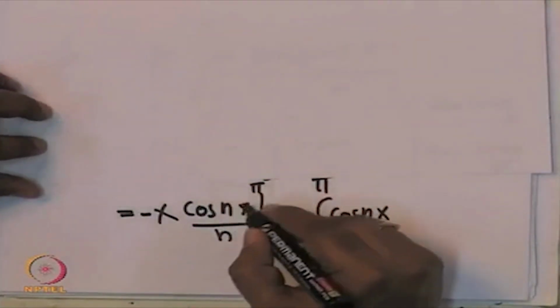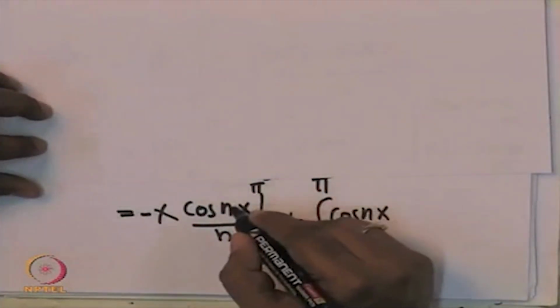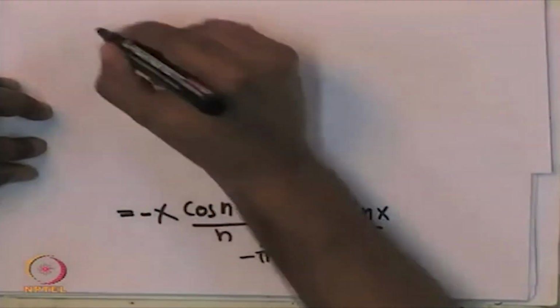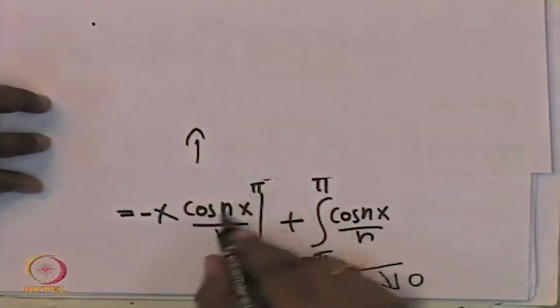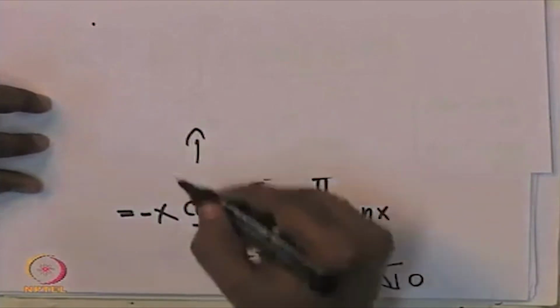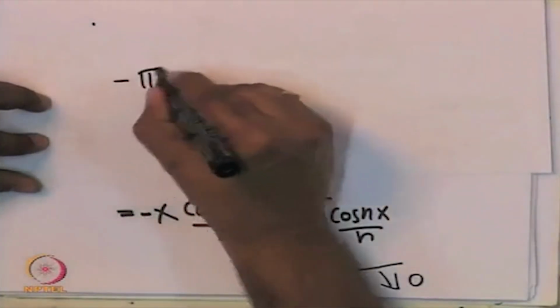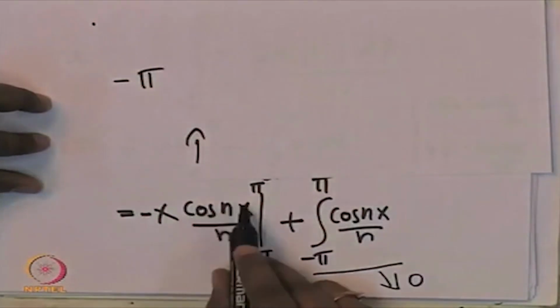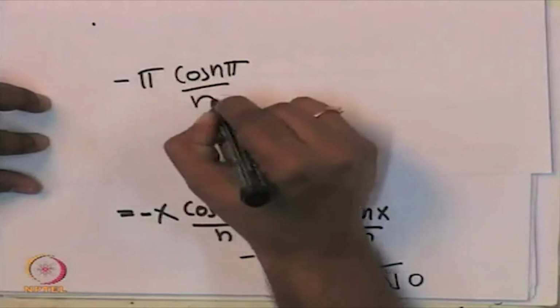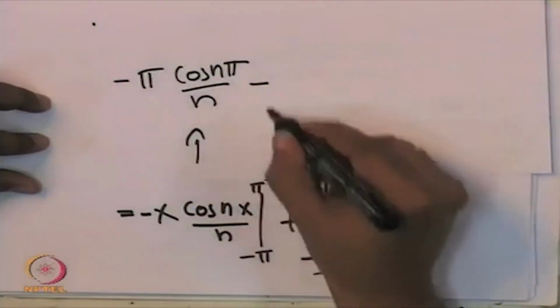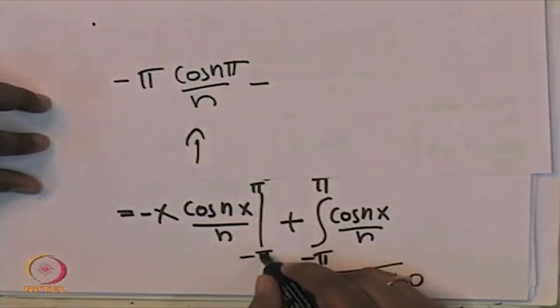If you apply the upper limit, the first limit is pi, so instead of x you substitute pi. It is like minus pi cos n pi by n, minus, you apply minus pi.